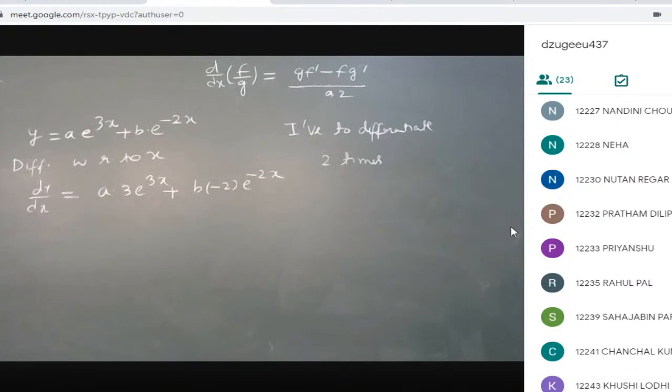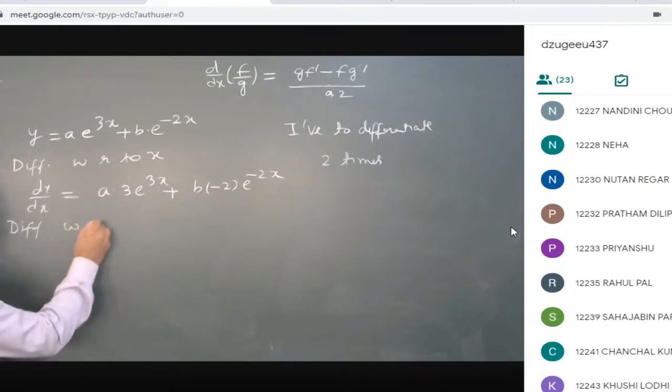What next should we do? I don't think making a and b both alone is possible here, like the previous question. It is not possible. So let us differentiate one more time.